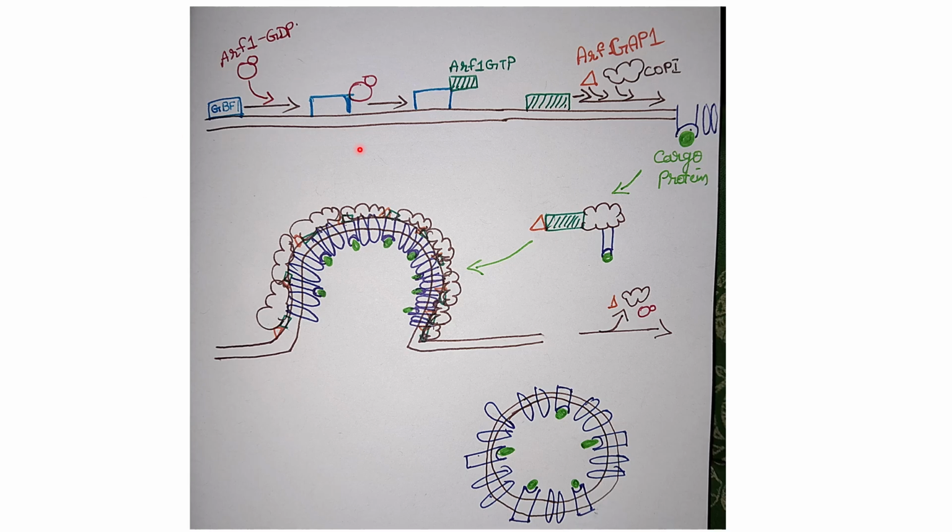COP1 vesicle formation starts when ARF1 bound to GDP, which I have drawn as a round shape here, attaches to GBF1, another protein.